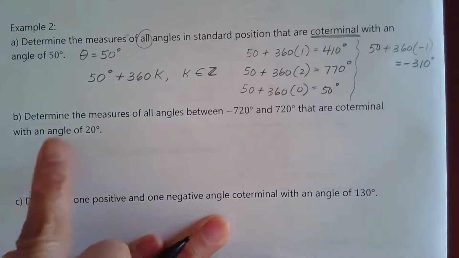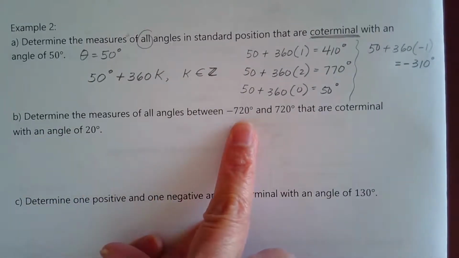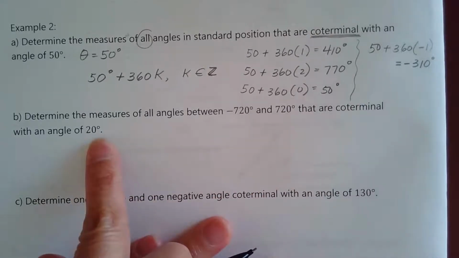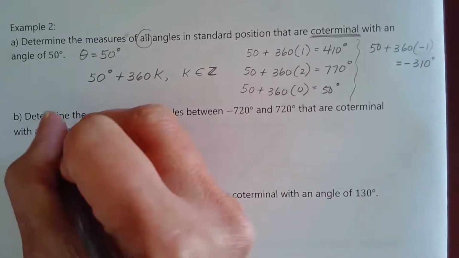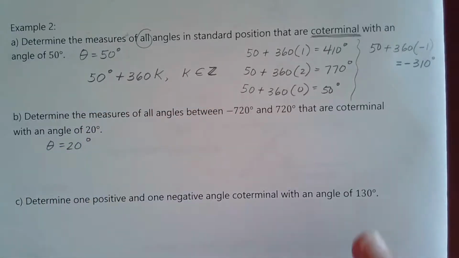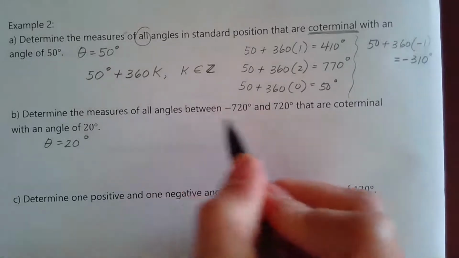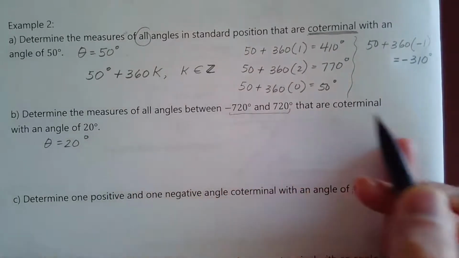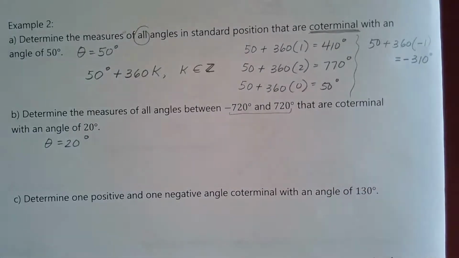Now letter B, determine the measures of angles between negative 720 degrees and 720 degrees that are coterminal with the angle theta, or angle 20 degrees. So they're saying theta is equal to 20 degrees. Now we want all angles, but it's restricted to negative 720 degrees and positive 720 degrees.